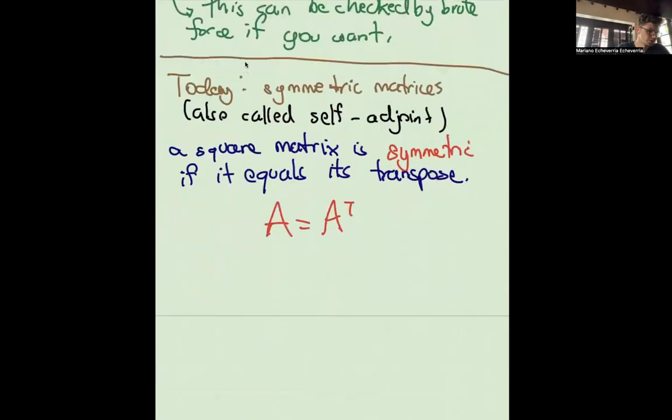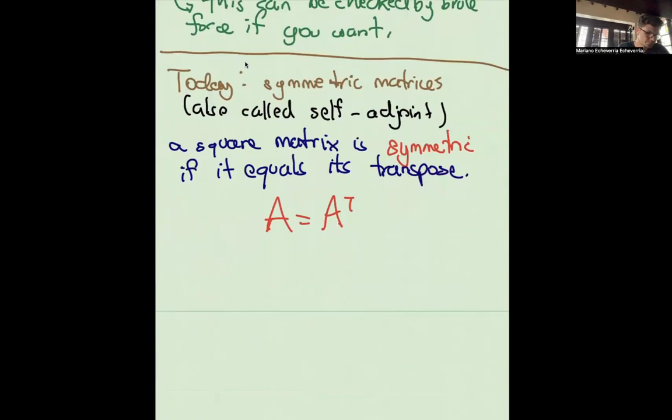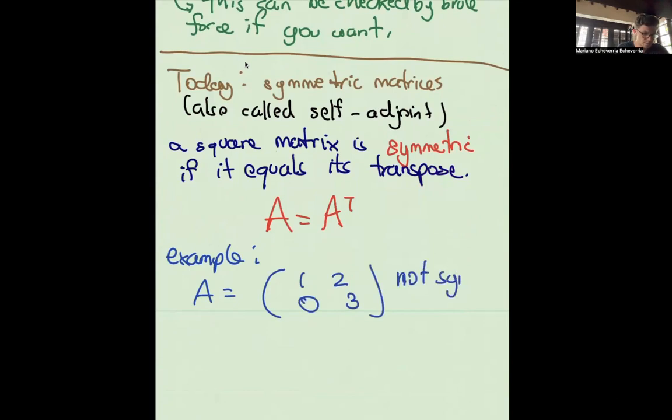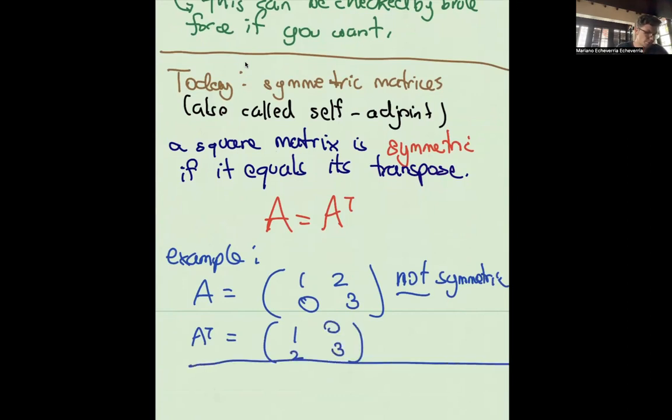For example, in practice, it's not too difficult to check. I could give you 1, 2, 0, 3, and that one is not symmetric, right? Because the transpose is 1, 0, 2, 3, which wouldn't work.